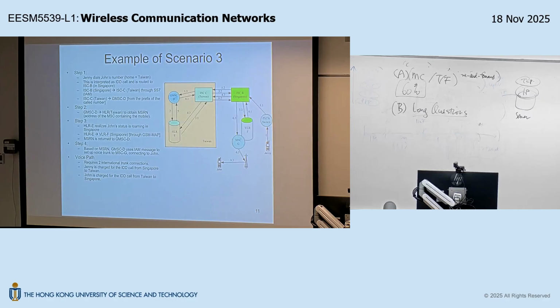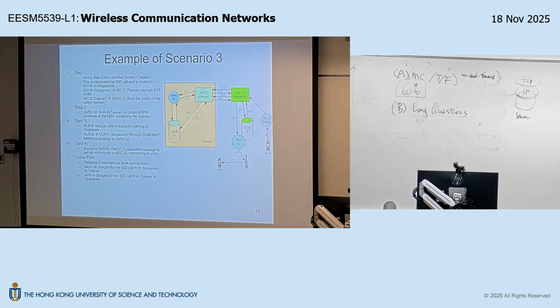This Gateway Mobile Switching Center will consult the home location register, and the home location register will consult the visiting location register, which is in Singapore, doing this database transaction. After this database query, in step 5, the Gateway Mobile Switching Center will realize that John is in Singapore.